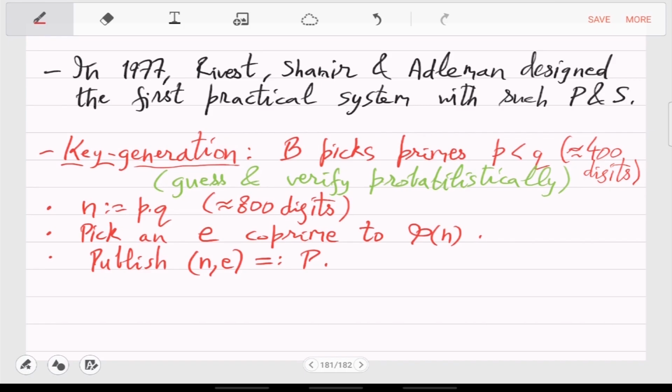Now you see this phi n sitting there, which was a very exotic thing we had defined in the previous classes, right? So why is that appearing here? But before that, let's see encryption. Let's specify encryption. So encryption is done by Alice.